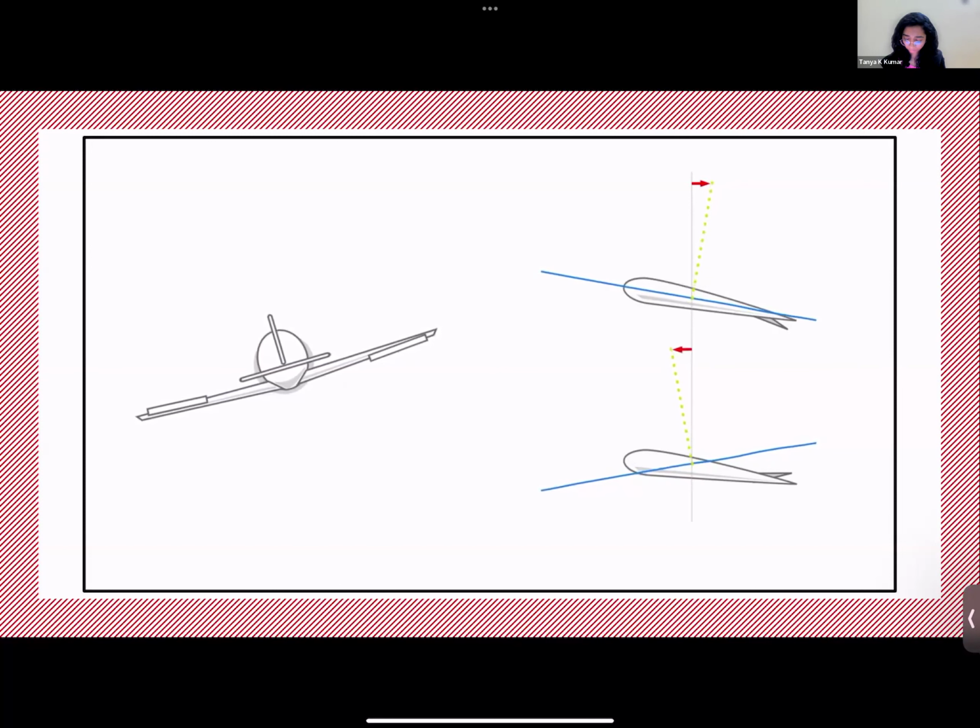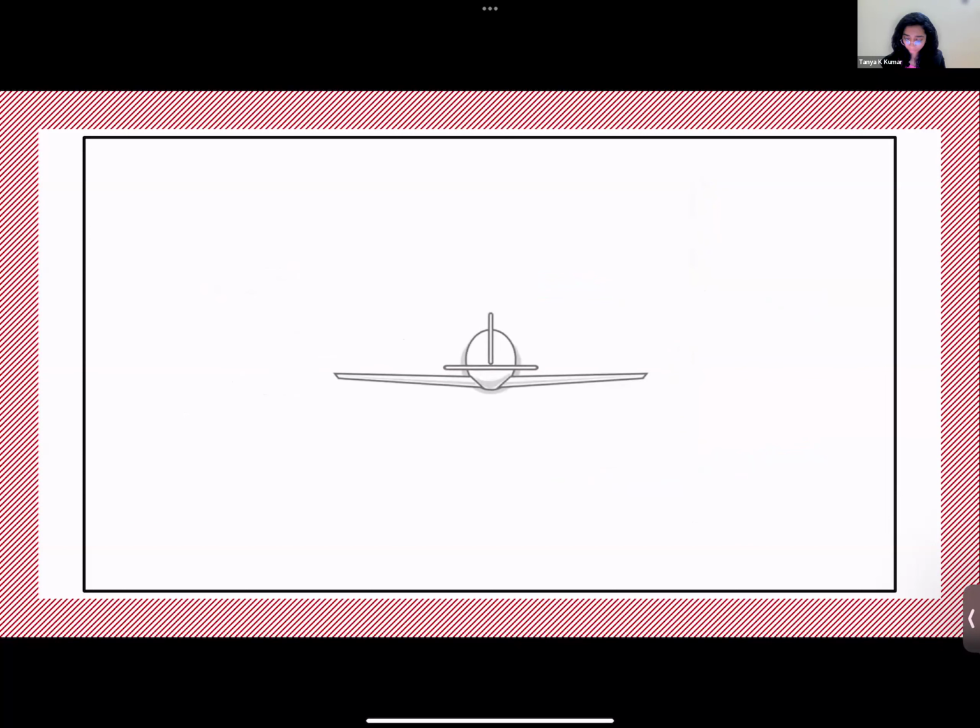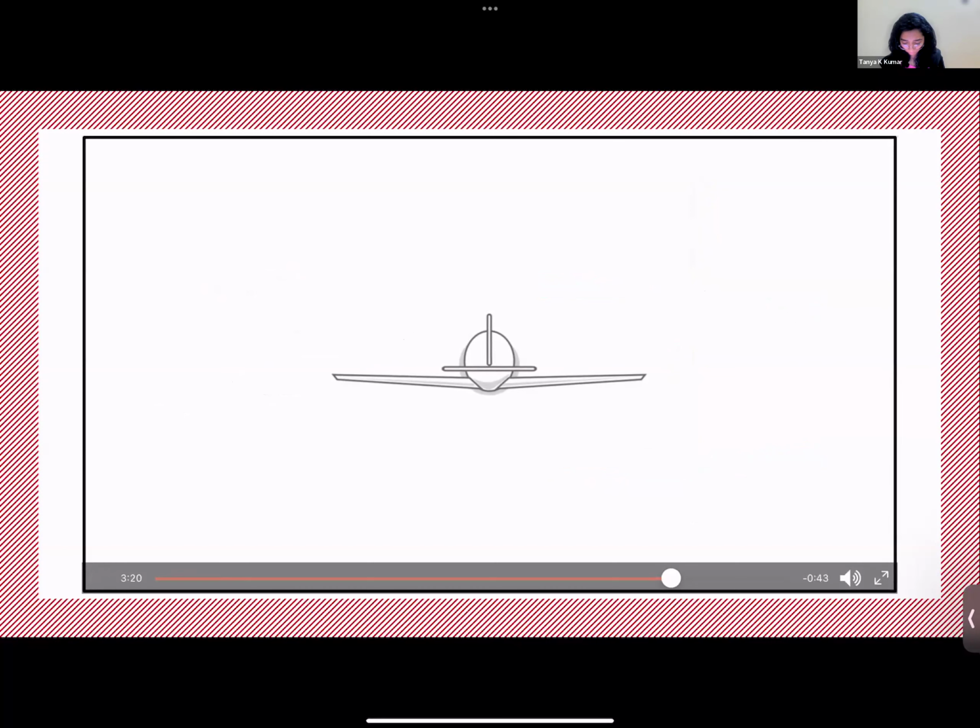The slight deflection of both lift vectors results in an adverse yaw moment to the right. The adverse yaw moment is felt when the aeroplane is rolling, and it stops when the aeroplane stops rolling. Adverse yaw can be prevented by using the rudder to create a yawing moment.